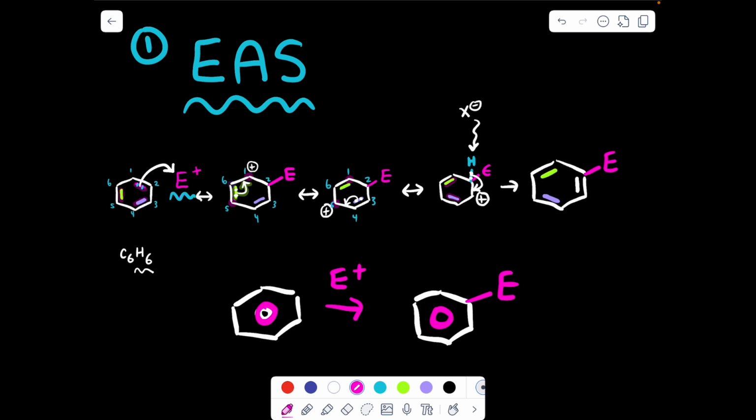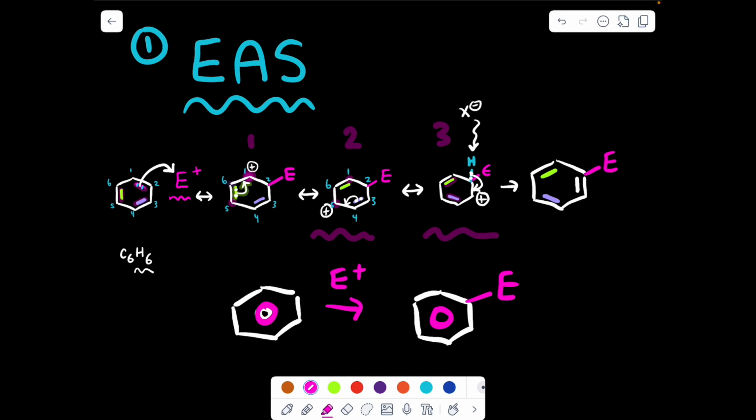So in summary, benzene acts as a nucleophile. It attacks some E+ group. In consequence, one of the carbons, a part of the benzene ring, becomes cationic. The other carbons, a part of benzene, say, you know what, I'm going to help you out. So the pi bonds move around. Specifically, we should be able to draw 3 structures where the positive charge is on a different carbon.